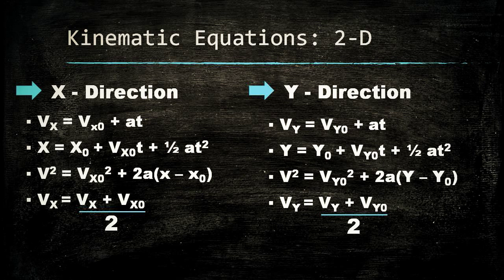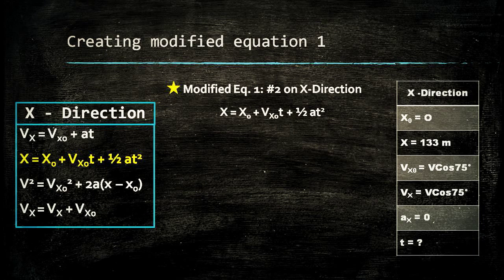Since velocity is undetermined, we will use v sine 75 degrees and v cosine 75 degrees to substitute into the kinematics equations. We will use kinematics equation number 2 in both the x and y direction to create our modified formulas that will help us determine time. So using our given values, we will plug into the equation and simplify. So we know that x is 133 meters and the initial position of x is 0.